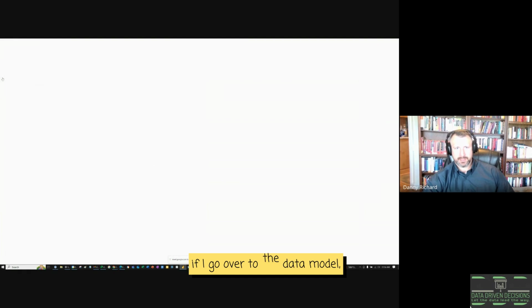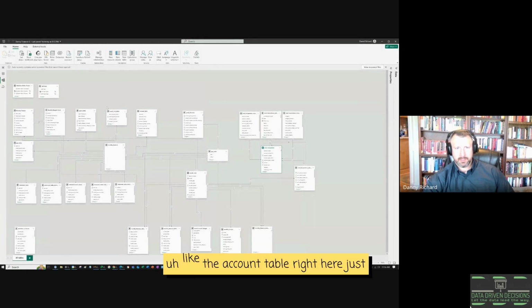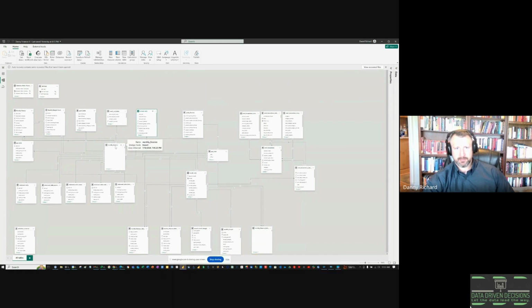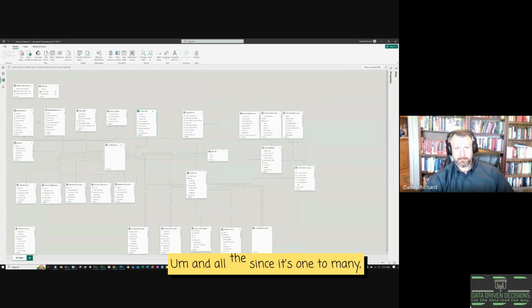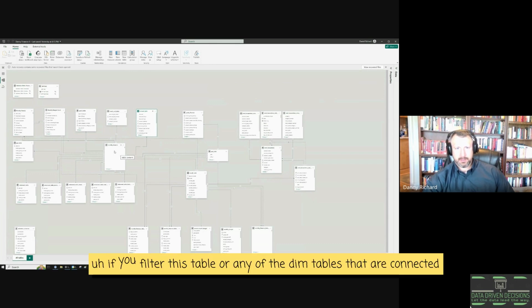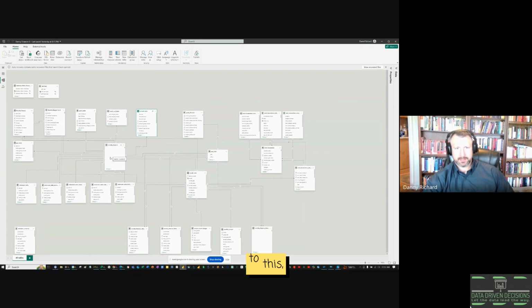If I go over to the data model, the account table right here just connects to the monthly finance table. And since it's one to many, if you filter this table or any of the dim tables that are connected to this, it'll also filter this table. So the stream of filters go from the one to the many side.